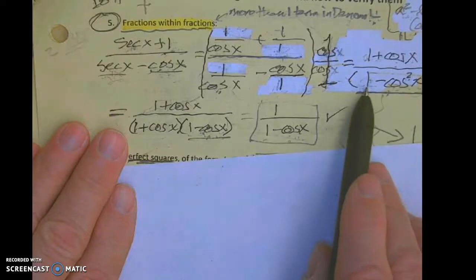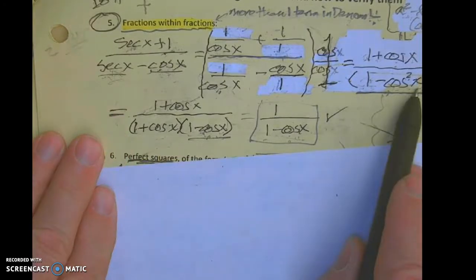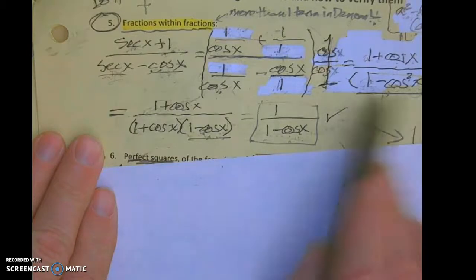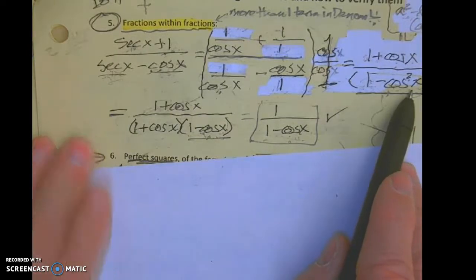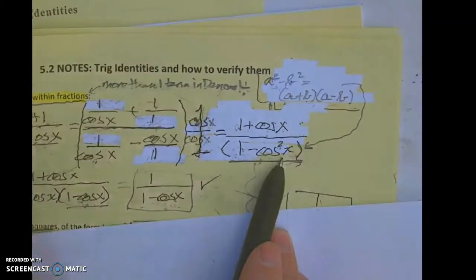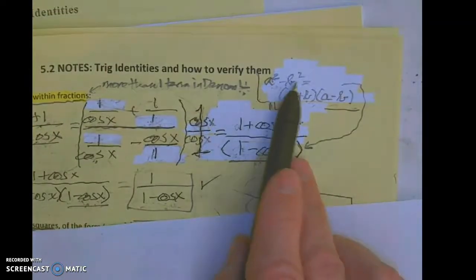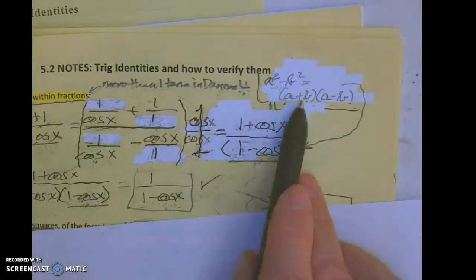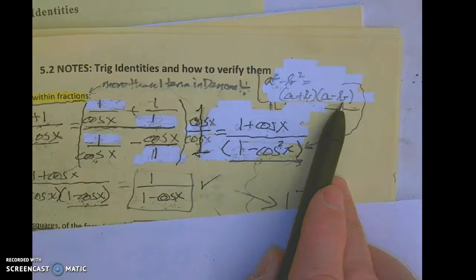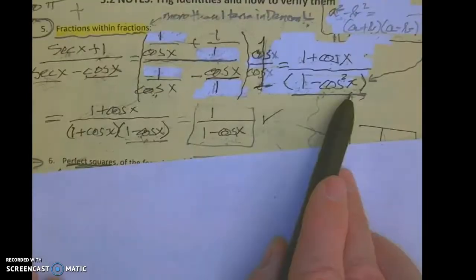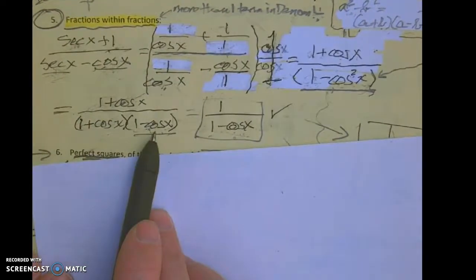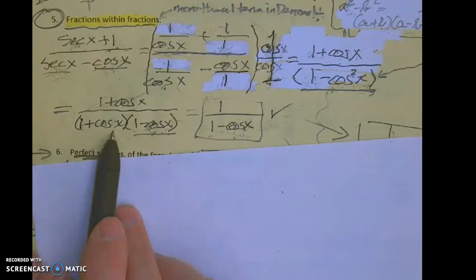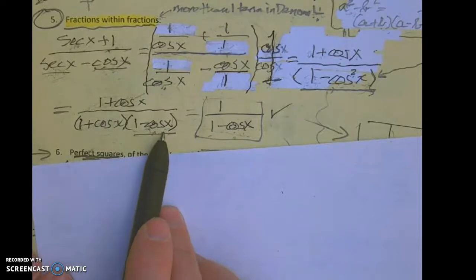Now keep in mind that this denominator right here is a difference of perfect squares that we did in a previous problem. So I'm going to now factor out the denominator. And the process we're going to use is the same process we used when we said a squared minus b squared is a plus b times a minus b. So we're going to split this into two different factors right over here. 1 plus cosine of x, 1 minus cosine of x.